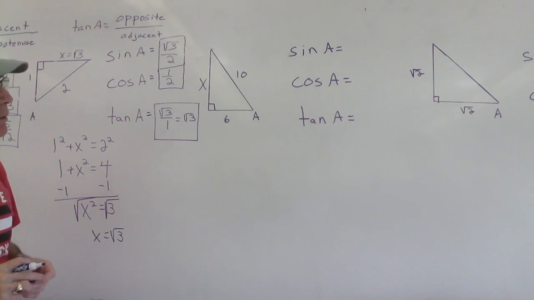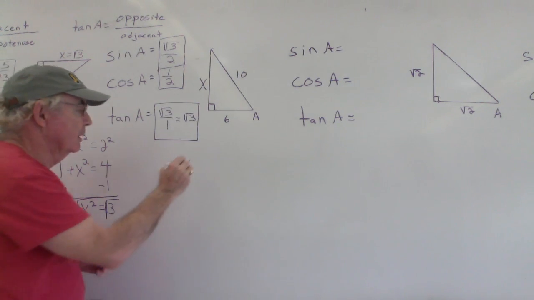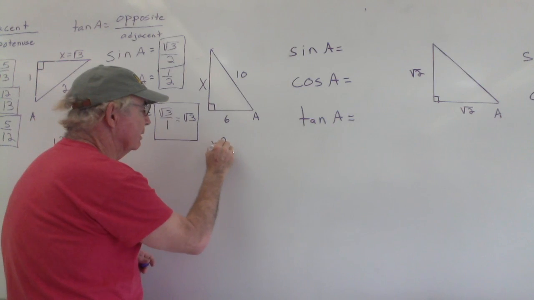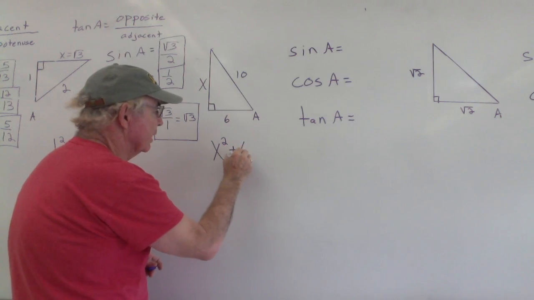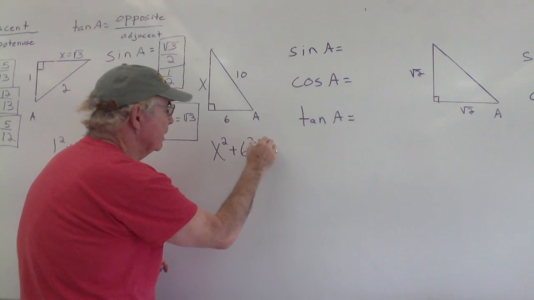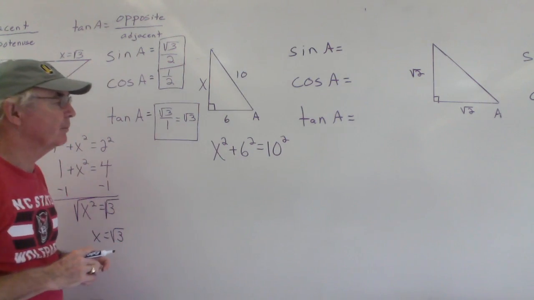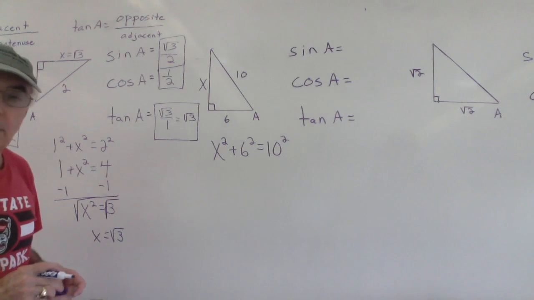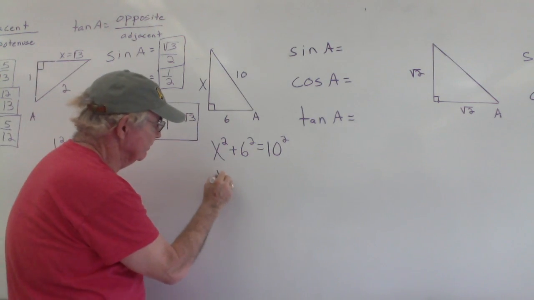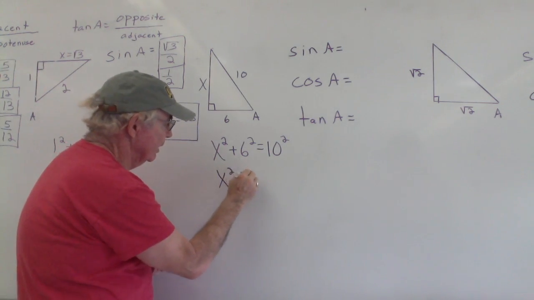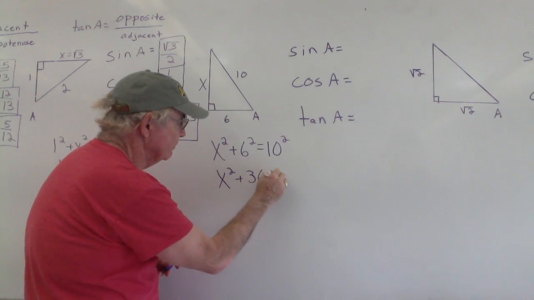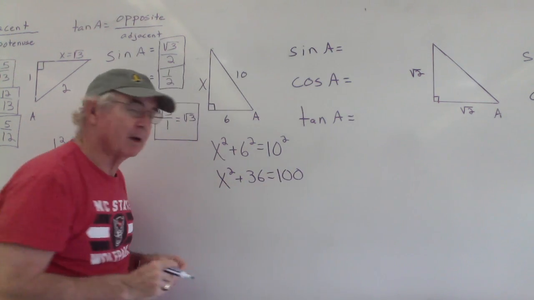And we find side x. So we say leg squared plus leg squared is hypotenuse squared. Squaring our 6 and squaring our 10. We have that.